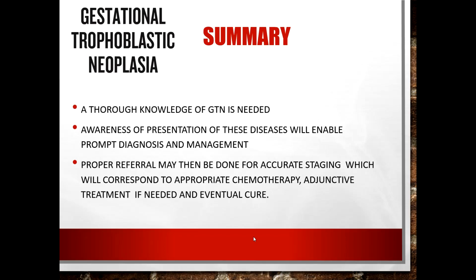A thorough knowledge of GTN is needed, and awareness of presentation of these diseases will enable prompt diagnosis and management. So a prompt referral may be done for accurate staging, which will correspond to your appropriate chemotherapy, adjunctive treatment if needed, and eventual cure. This is my last slide.